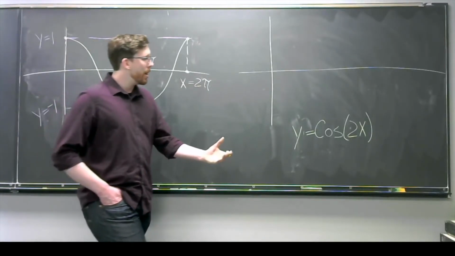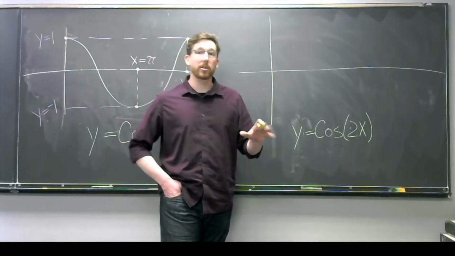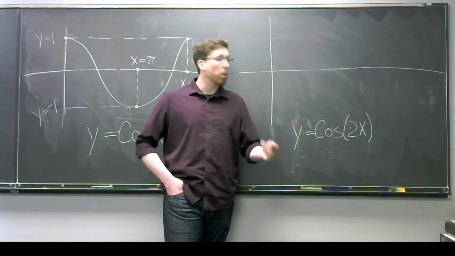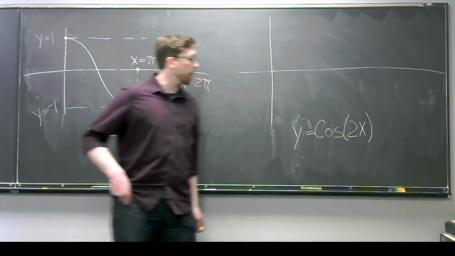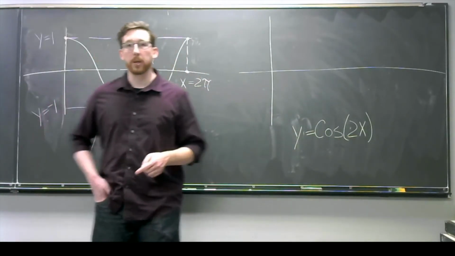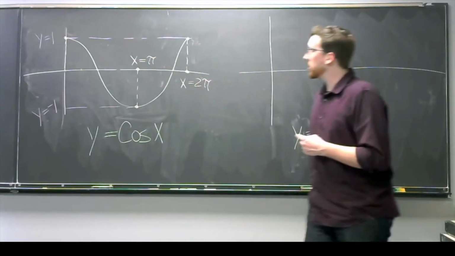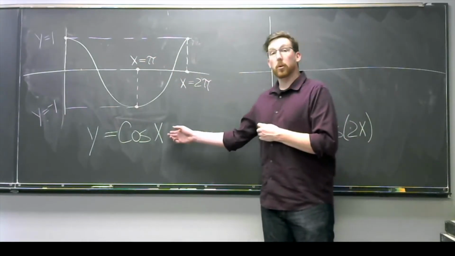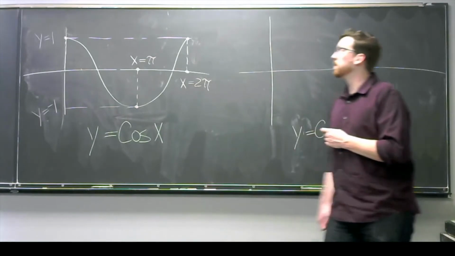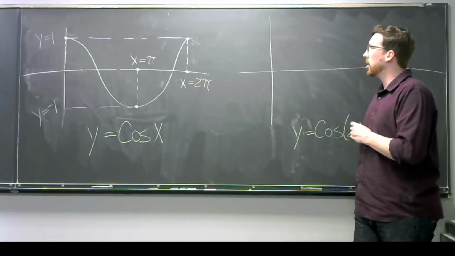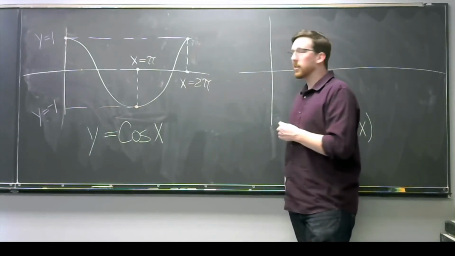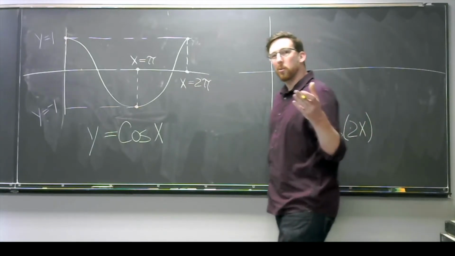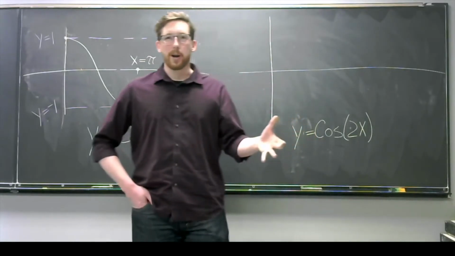Now, instead of multiplying our cosine or our sine by a value, we want to multiply our x by a value. In this particular case, we're going to multiply x by 2. And to find out what the graph of that looks like, we're going to refer back to the graph of cosine of x. The first thing we're going to want to note is that we know cosine and sine are 2 pi periodic.